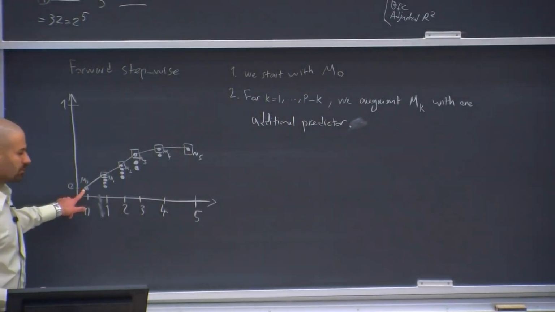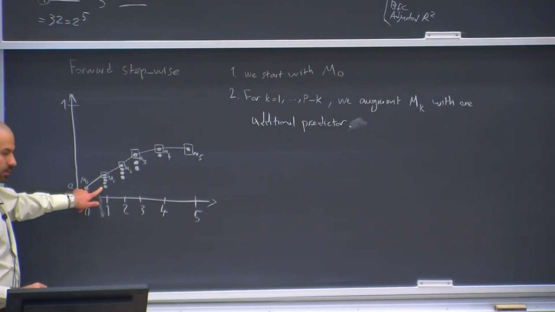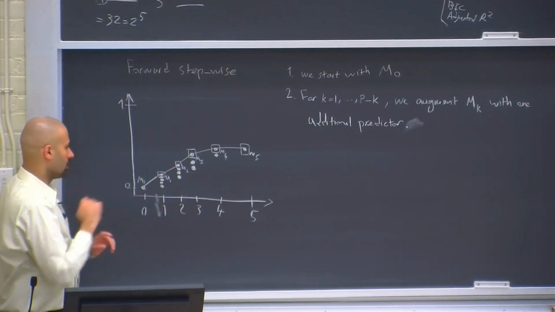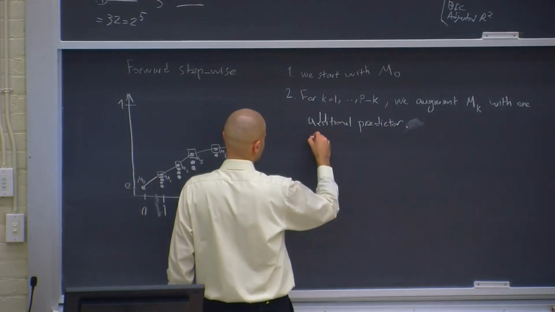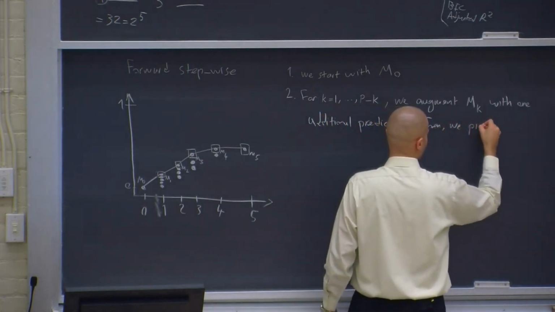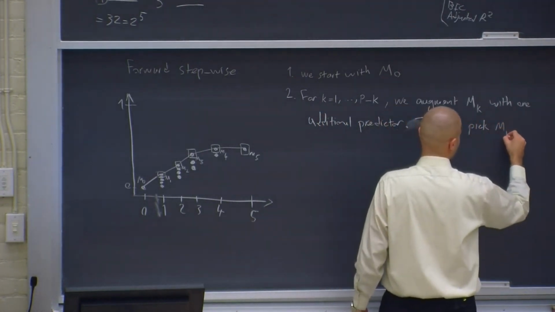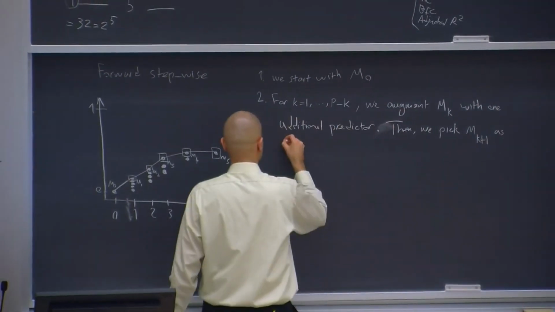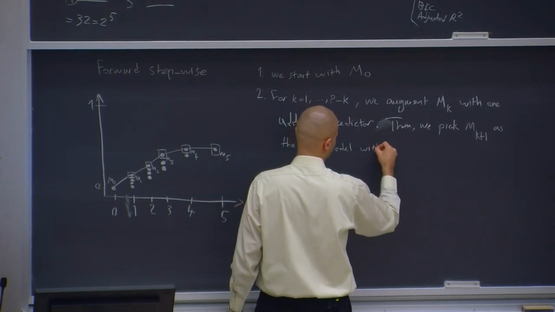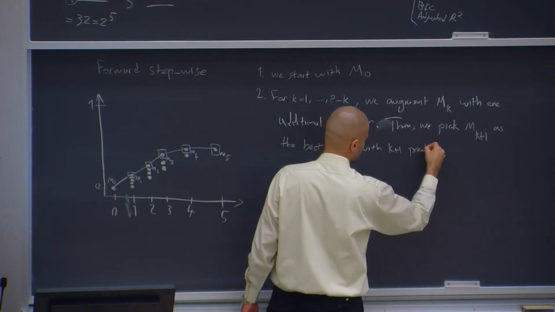So here we had M0, and then we augment it to this, this, this, and this, and this. There are 5 possibilities to make this model a bit larger. Then we pick Mk plus 1 as the best model with k plus 1 predictors.